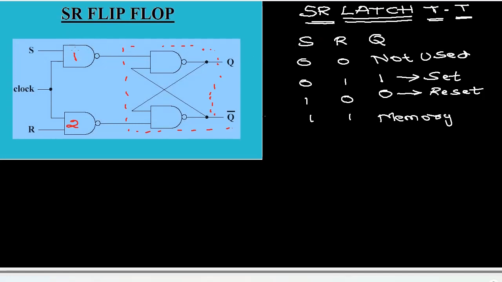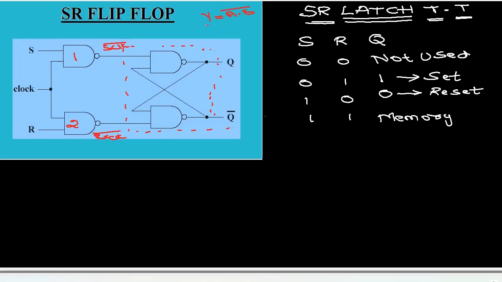So here the first NAND gate output is S into clock, whole complement. The second NAND gate output is R into clock, whole complement. Why? Because the expression for a NAND gate is y equal to two inputs A and B, whole complement.